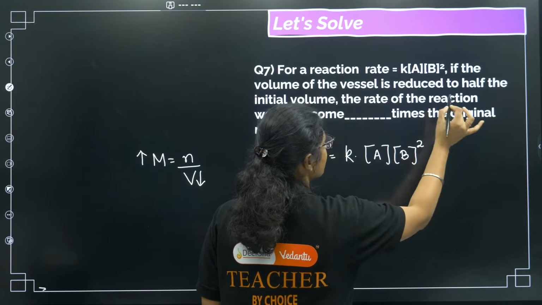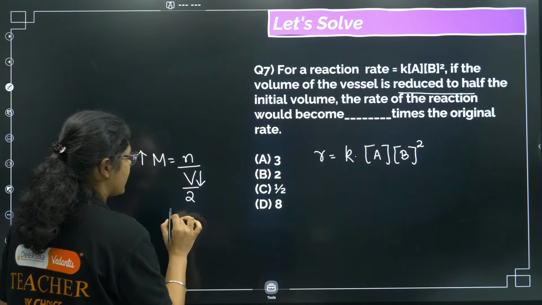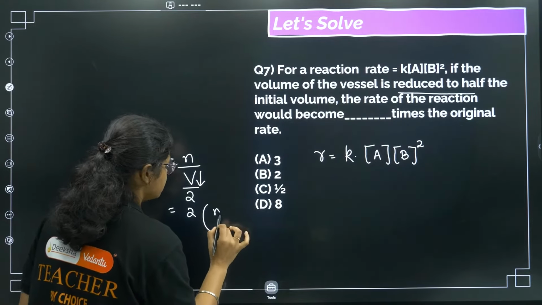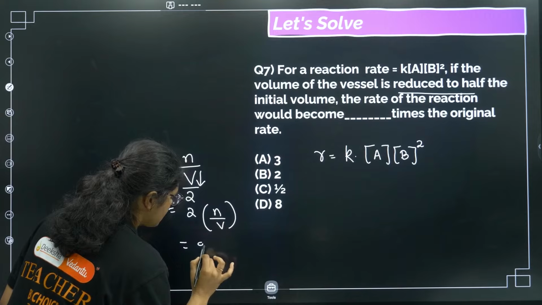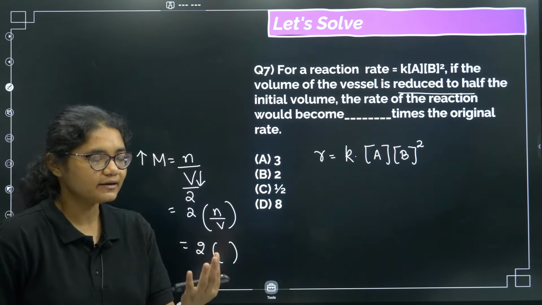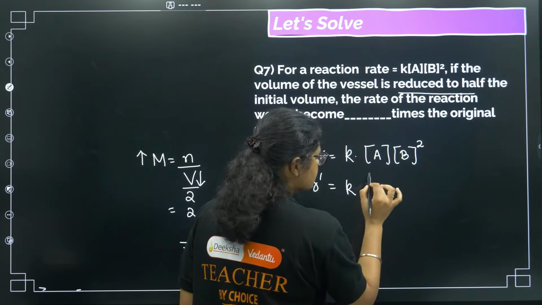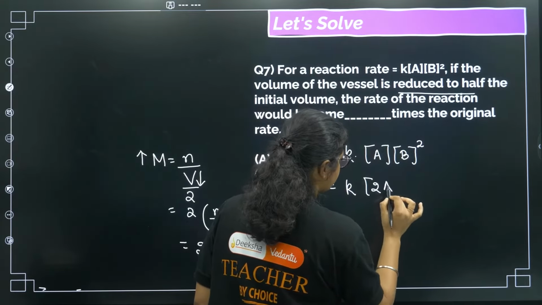right? So if the volume is reduced to half, then I can write it like this: the concentration has increased by 2 times. So I can write the new rate, because I am changing the concentration, so rate will definitely be affected.